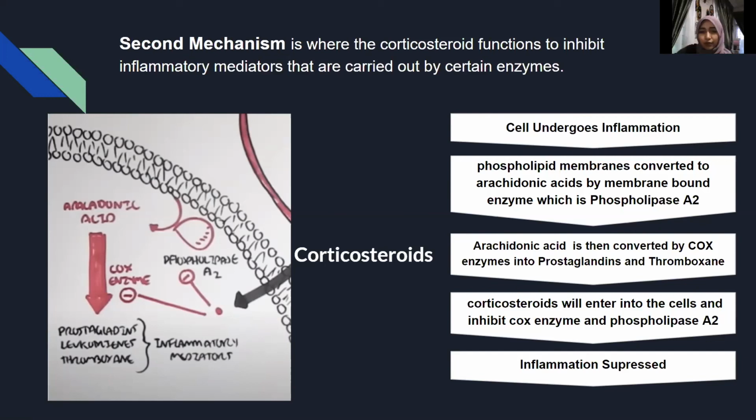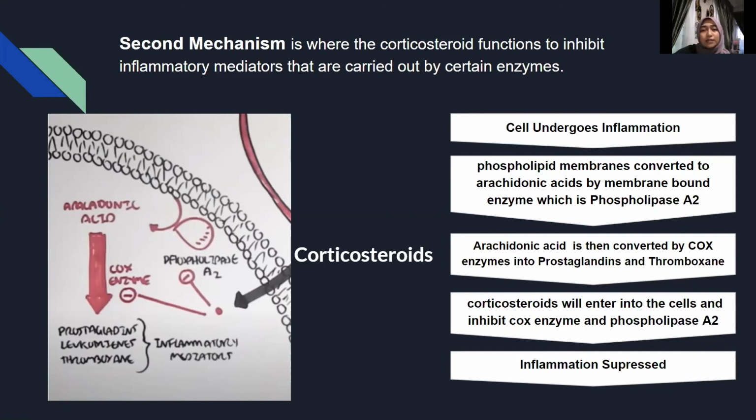And therefore, arachidonic acid will be converted into two different types, which is prostaglandin and also leukotrienes, with the help of COX and also lipooxygenase. So both of these prostaglandin and leukotrienes play a huge role in inflammatory response, such as prostaglandin in vasoconstriction and also vasodilation, and leukotrienes help in the allergic response.